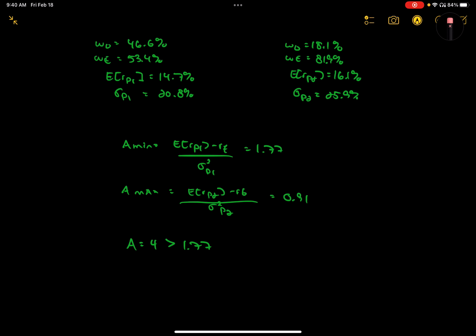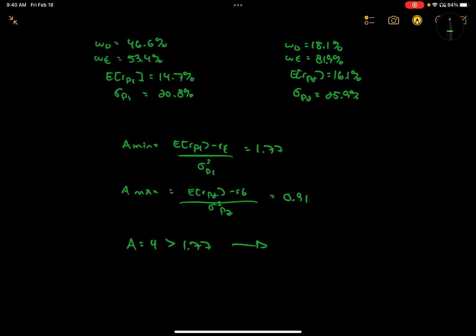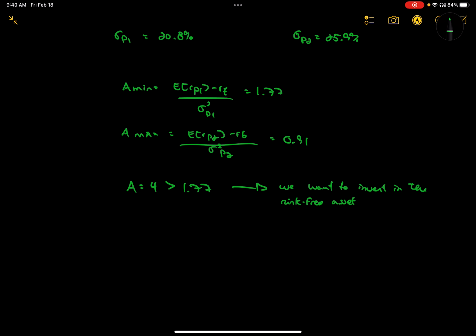So our risk aversion is high enough that we want to invest in the risk-free asset. So the next step is to find the proportion to invest in the risky portfolio.